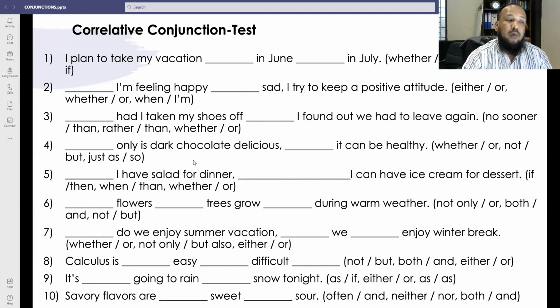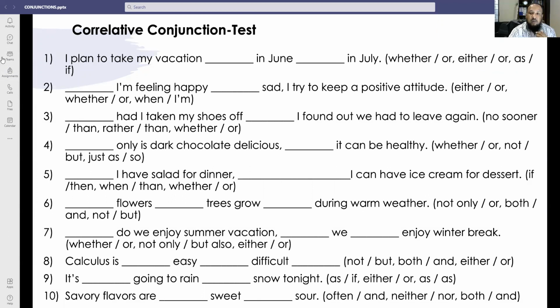So we have, you can say, the test. So I plan to take my vacation dash in June dash in July. अब यहाँ पर क्या आएगा? Suppose करें, I plan to take my vacation either in June or in July.